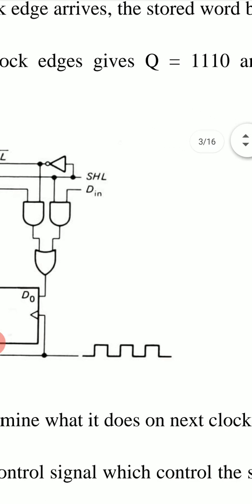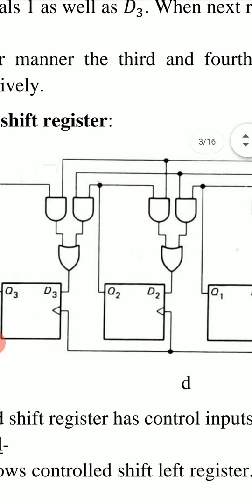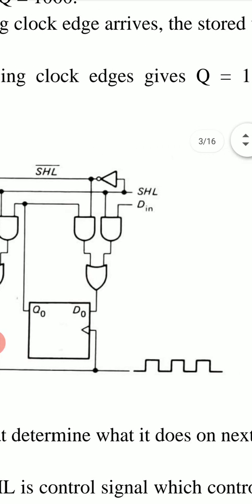Each consists of 2 AND gates, and the output of those 2 AND gates goes to the input of an OR gate. So this is an AND OR gate. There are 4 AND OR gates connected to each of the D flip-flops.